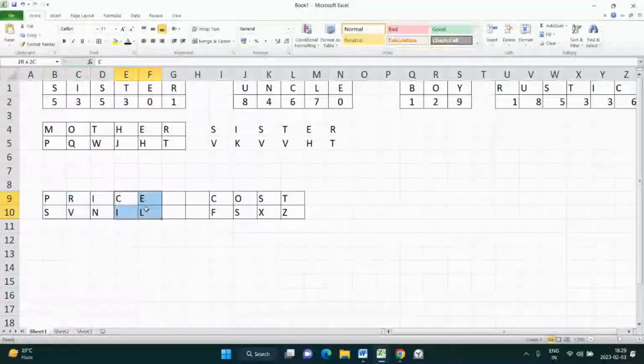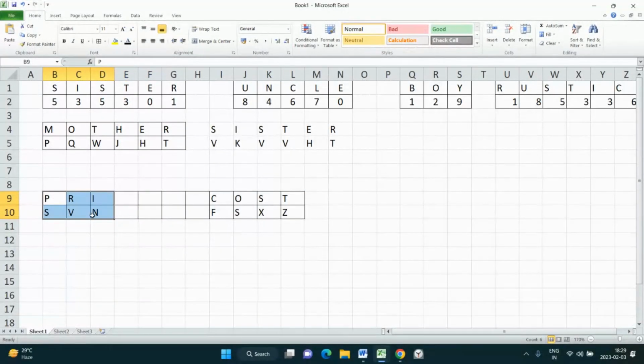If I have only PRI, I can only convert the first 3 characters. I cannot convert the 4th character. So this cannot be less. This cannot be more than the question. I should always have more characters here than this. This is one rule.